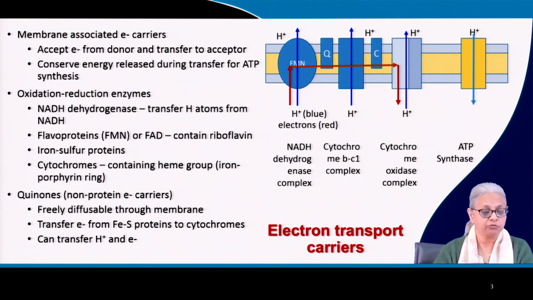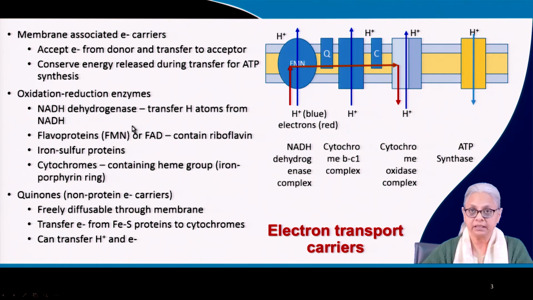They contain riboflavin and they are also oxidation reduction enzymes. Iron sulfur proteins and cytochromes, all of them contain heme groups or other methods of transferring electrons. So we will take a look at some of them. And then we come to non-protein electron carriers.